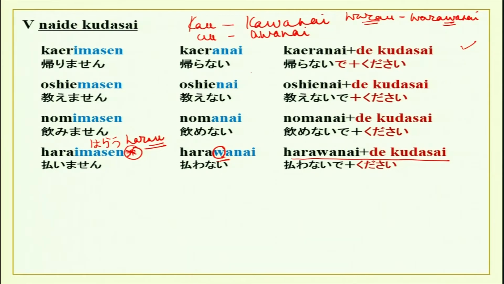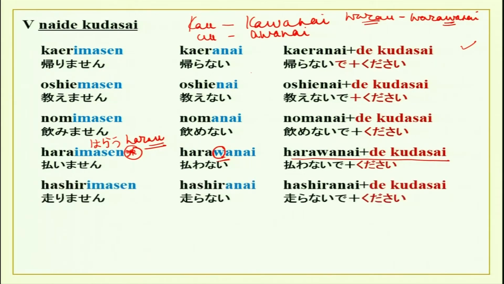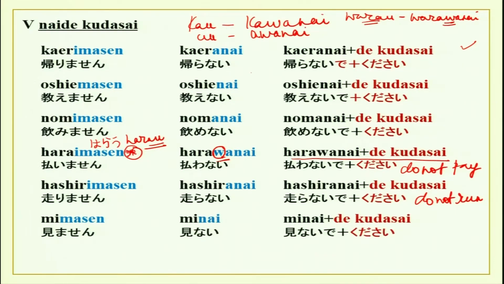That is why harau is in the exceptions category. To pay. Now, hashirimasen, hashiranai, and hashiranai de kudasai. Do not run. Please do not run. Do not pay. Then minai, you already know, do not see.